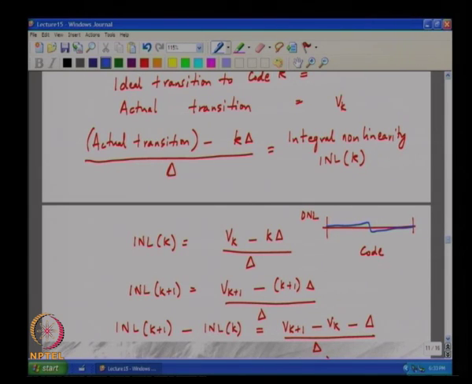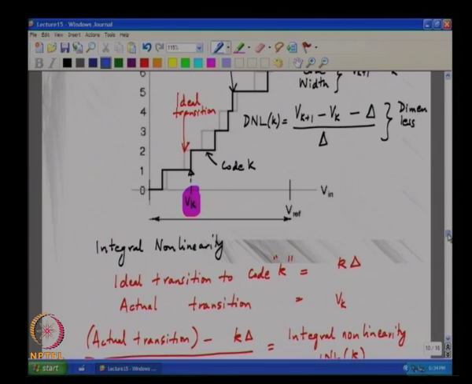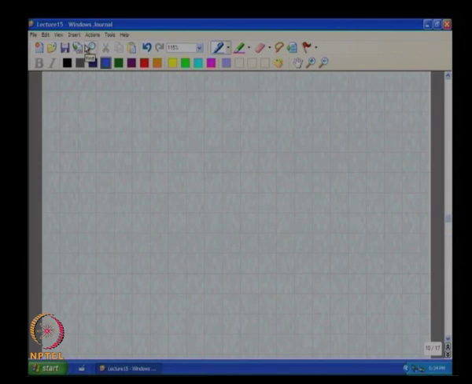Pardon? If it is symmetric, then it is 0. Well, okay, let me draw this in a more legible fashion. All right.